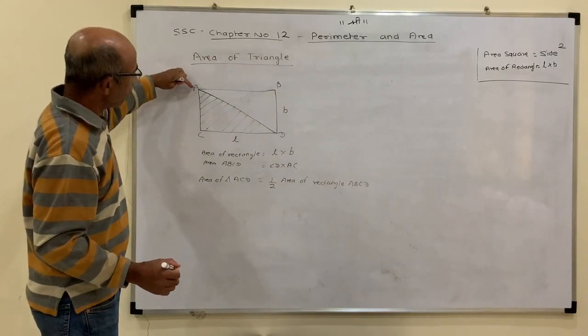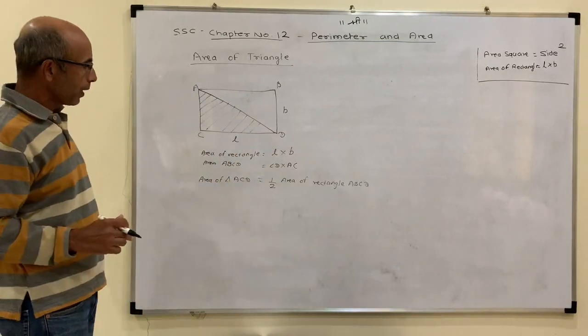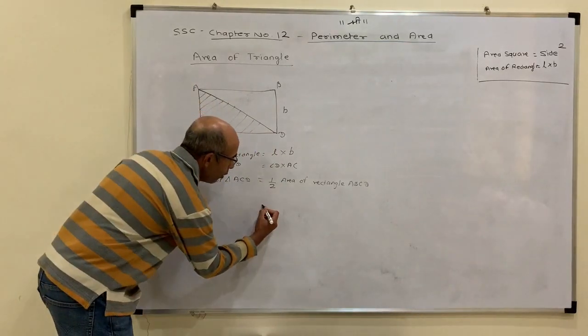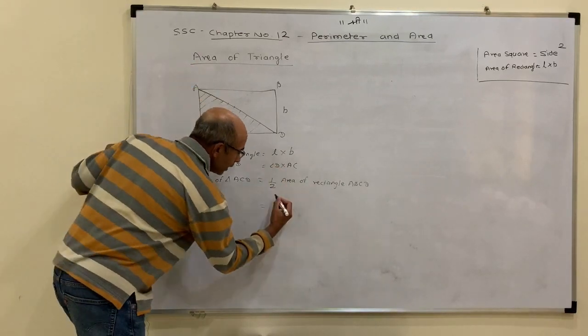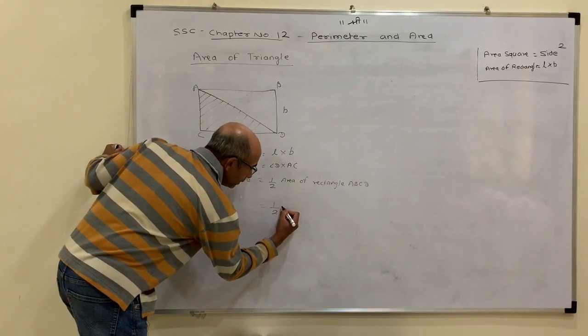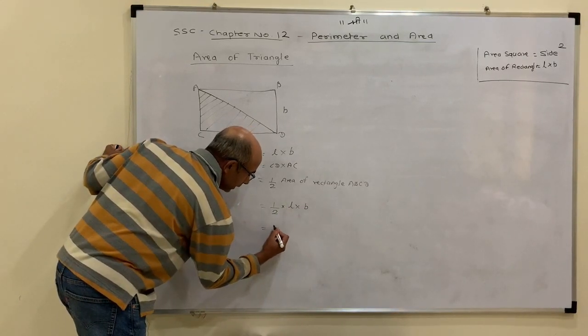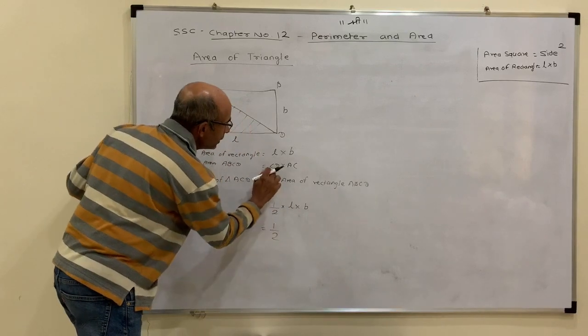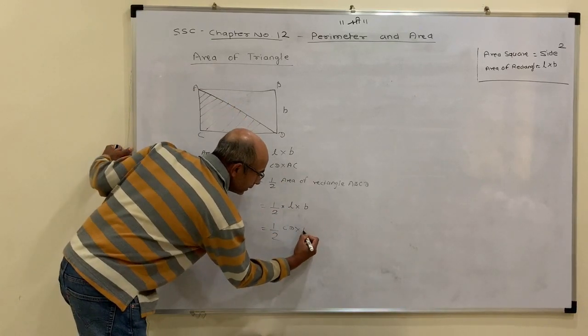Since I have joined A and D, the diagonally opposite points. So now how much is the area of the rectangle ABCD? It is length into breadth, so half of length CD into breadth AC.